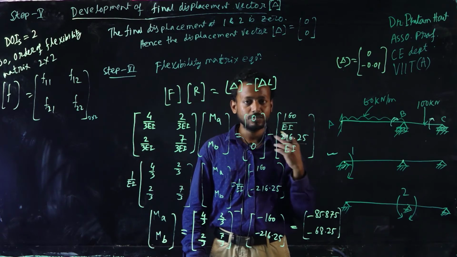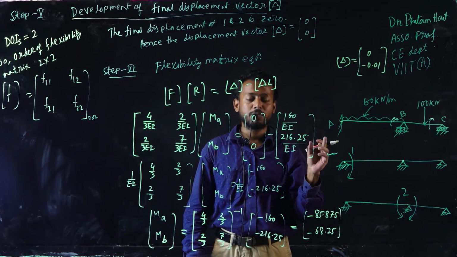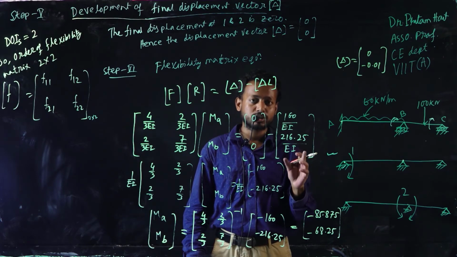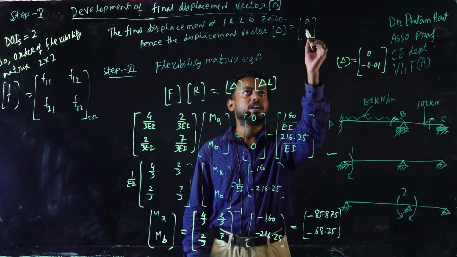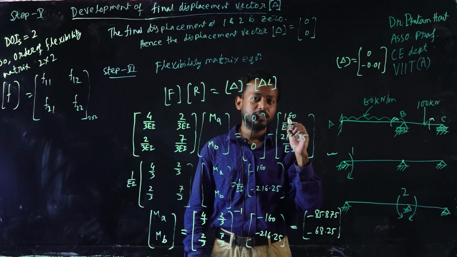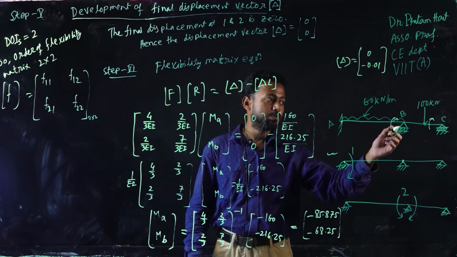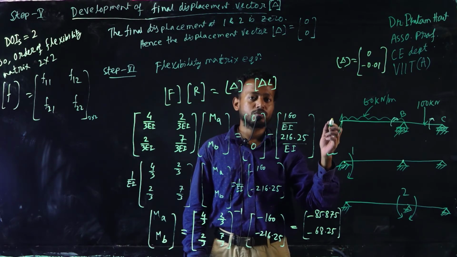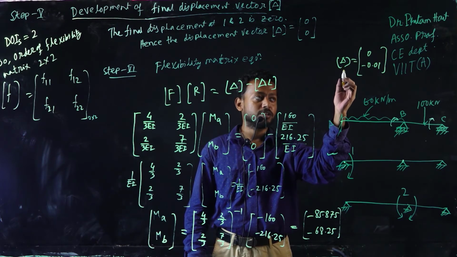Okay, so while no settlement term is present in the question, then you can consider the settlement vector delta equals 0 0. If the question gives settlement at B support or C support, then according to that you have to form the displacement vector.